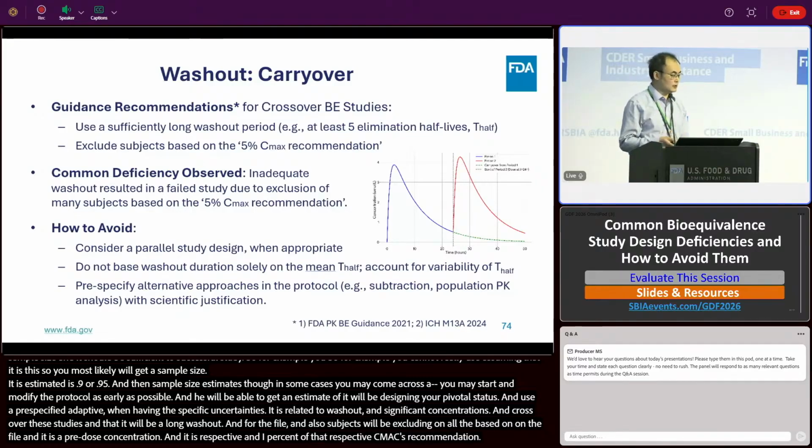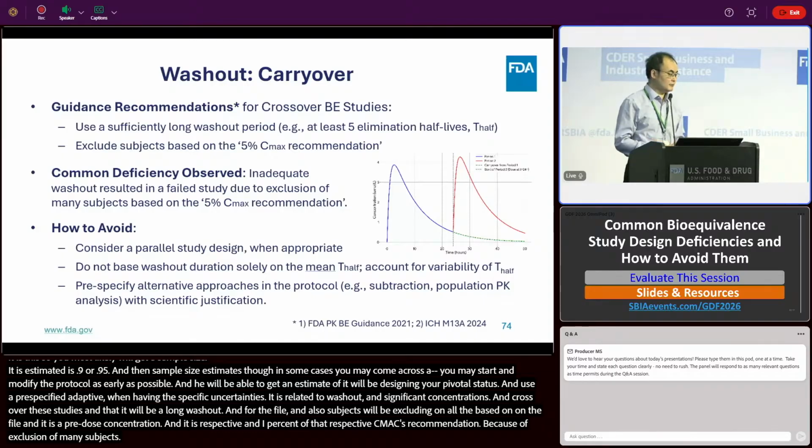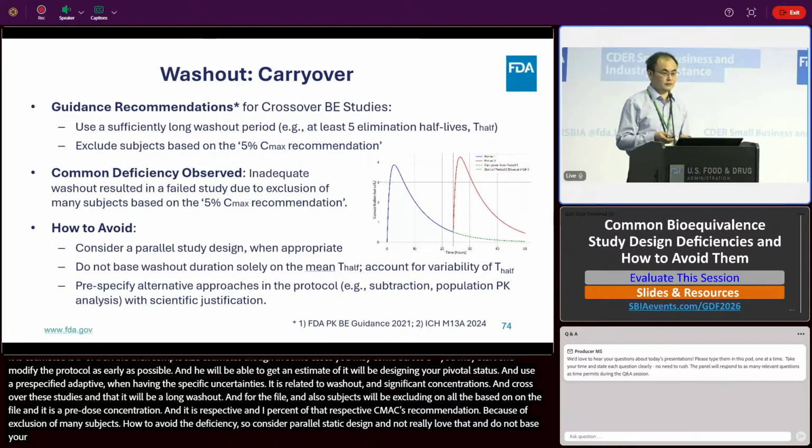So how to avoid this deficiency? First, consider a parallel study design if the drug product has a really long half-life. The second one is do not base washout duration solely on the mean half-life. You should consider the variability of the half-life, especially when the half-life is very long and the variability is high.